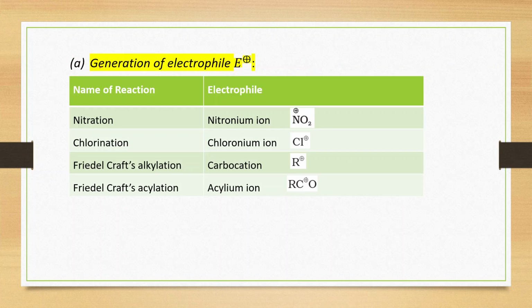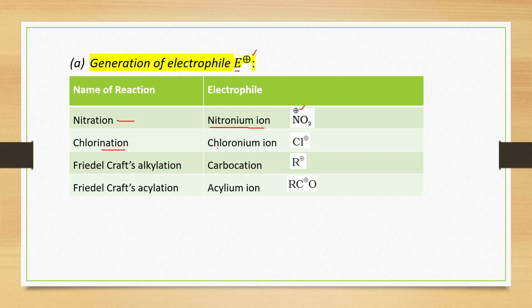Now first step is generation of electrophile, that is E positive charge. In the previous video we have discussed the different electrophilic substitution reactions of benzene like nitration, chlorination, sulfonation, Friedel-Crafts alkylation, Friedel-Crafts acylation. Now we will discuss what are the electrophiles in these reactions. In case of nitration, electrophile is nitronium ion, NO2 positive charge.